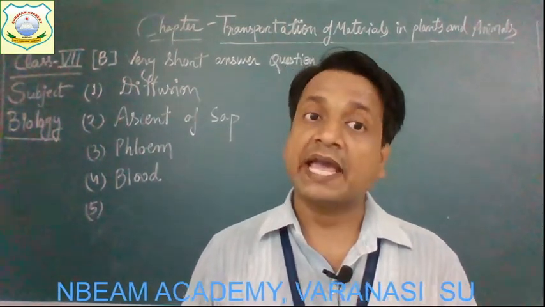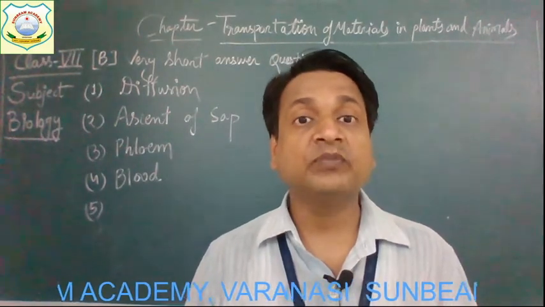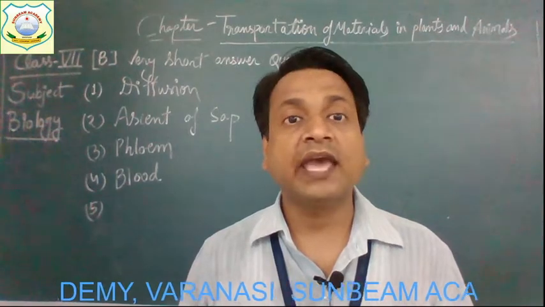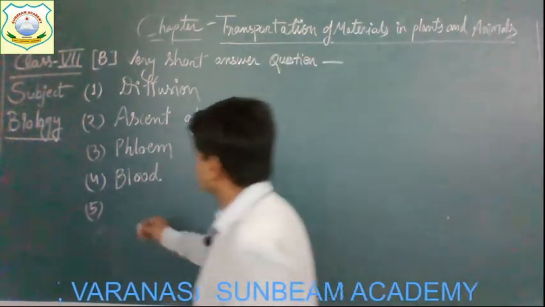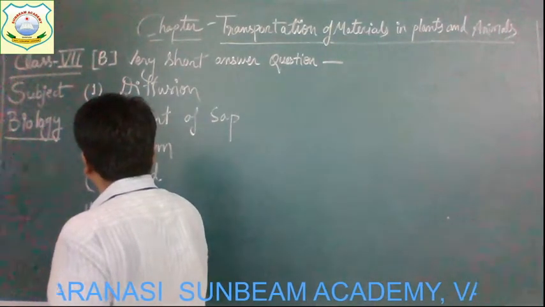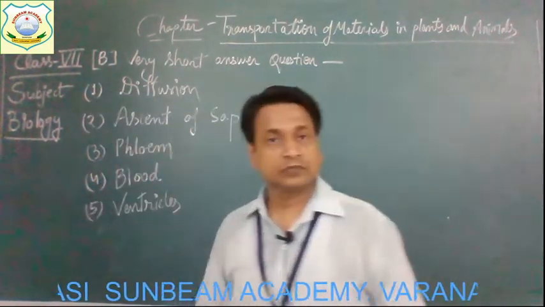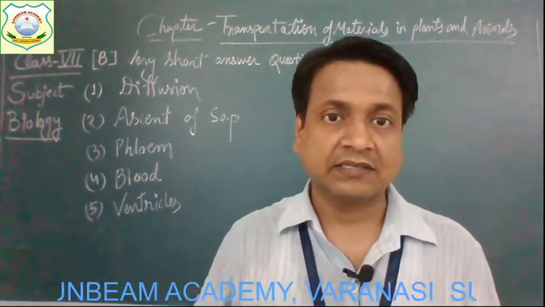Simply the answer will be ventricles, because ventricles need to pump the blood to all parts of the body, and that is why they have thicker walls. This much we already discussed in the previous class.